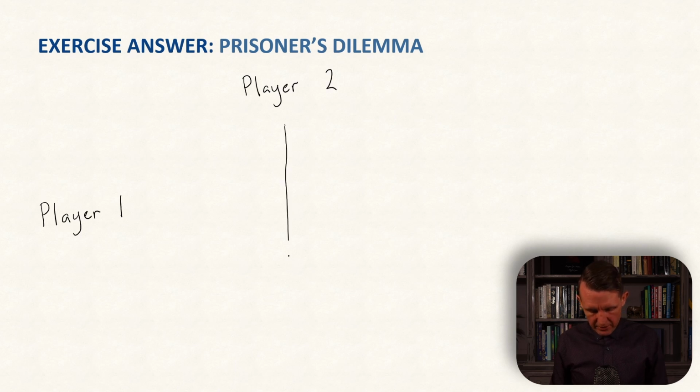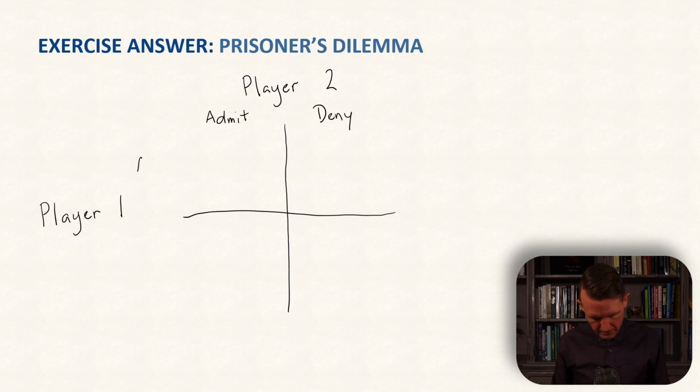If we draw a matrix, we can specify the different moves that each player has. So you can see here we've got that player 1 can admit or deny, player 2 can admit or deny, and we have the 4 possible outcomes depending on which moves each player makes.